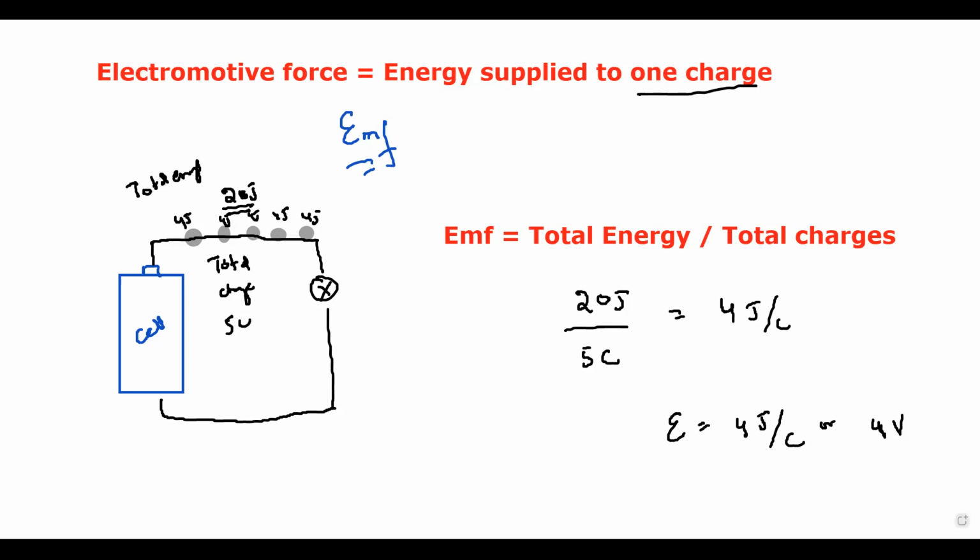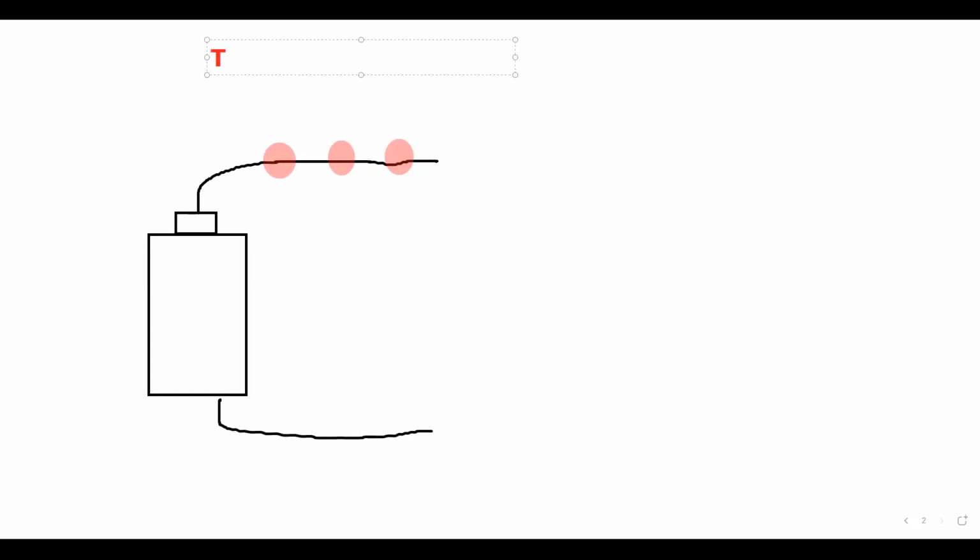In the same way, if we have a battery which is providing the charges, say three charges are there, and the total energy which the battery is supplying is, for example, 30 joules.